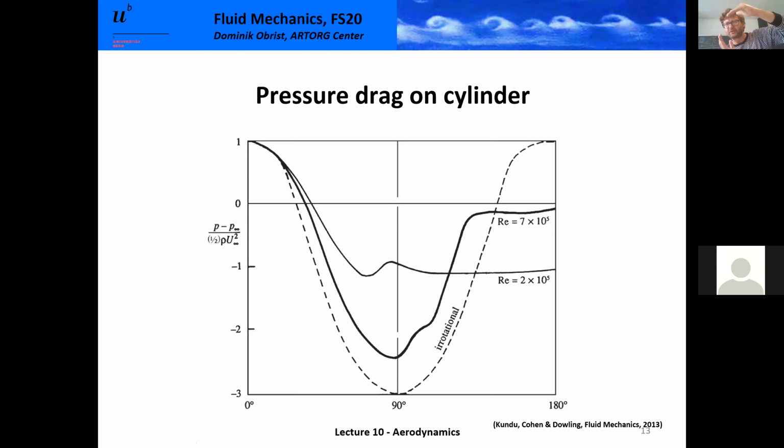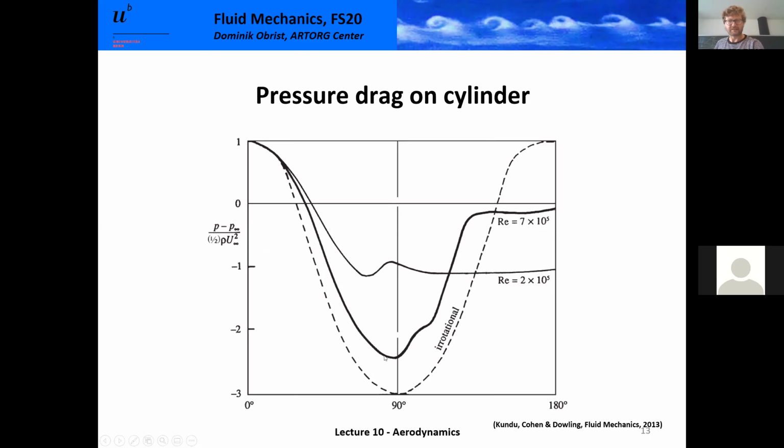The velocity goes down, the pressure increases because the velocity went down, and the separation is only here. So the pressure inside the wake is higher, and it's a smaller wake. So it's two effects. You have a smaller wake, and the pressure inside the wake is higher. So together with the high pressure on the upstream side and the higher pressure in the wake, we have much less drag.